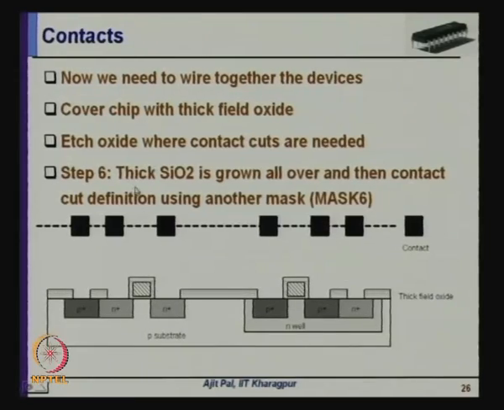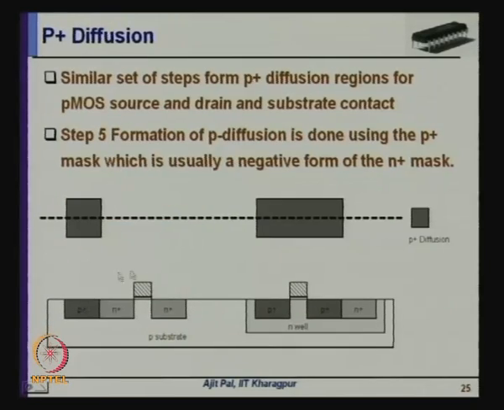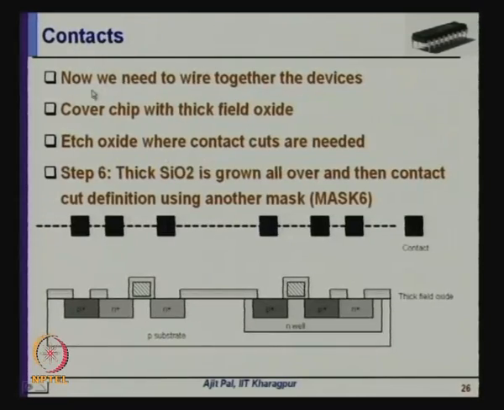Now, you have to make a circuit. So far you have two transistors, and you have to interconnect them to form an inverter, and that inverter may be part of a more complicated circuit. You can see here you now have to make contacts, so another mask is required. Thick silicon dioxide is grown all over, and then the contact cut definition is done using another mask, mask 6.